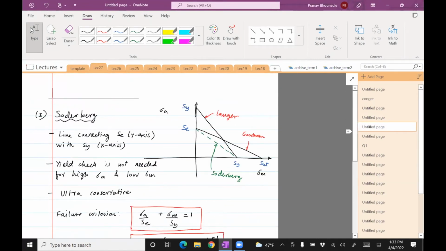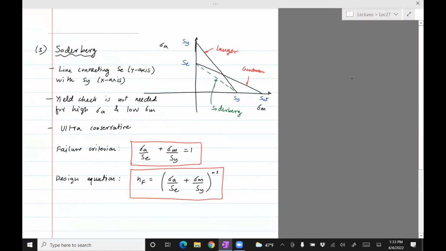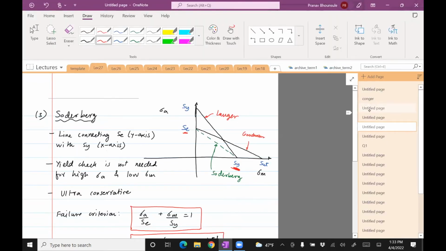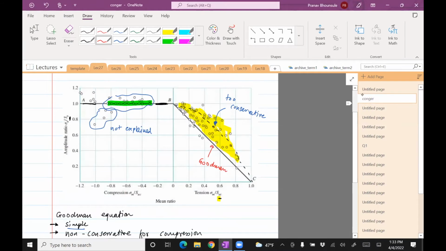The next one is the Soderberg line. Here, what we do is we join SE with SY. This is very conservative. Let's look at how it looks here. So this is SUT, SE is somewhere.